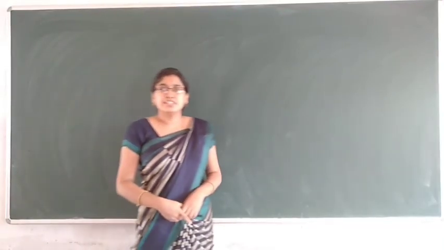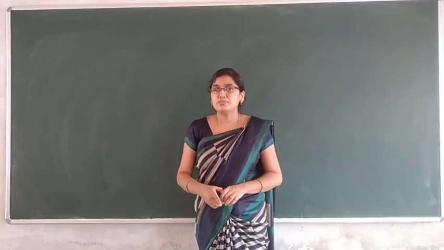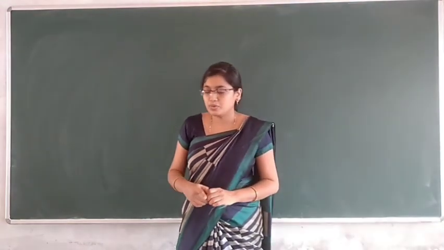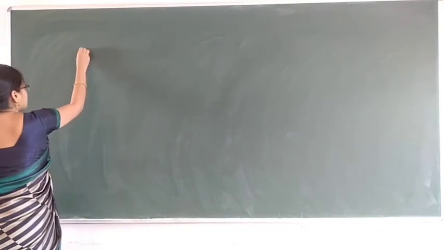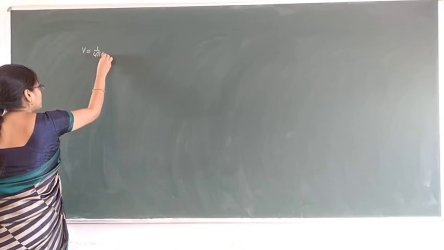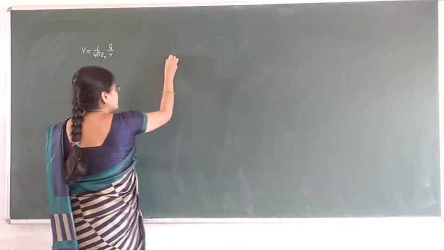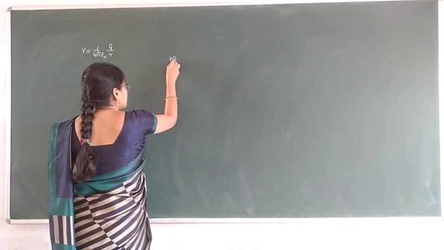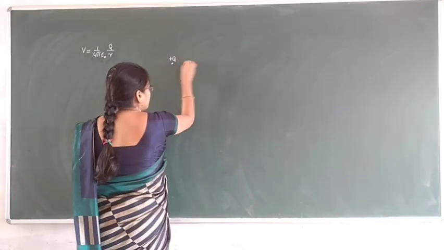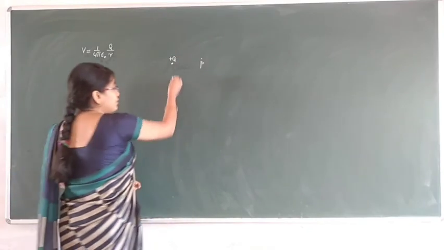Dear students, welcome to second PU physics class. In the last class, we studied about electrostatic potential at a point due to a point charge. The expression is as follows: V equal to 1 by 4 pi epsilon naught Q divided by R. Here Q is the point charge or source charge, and here P is the point of observation.